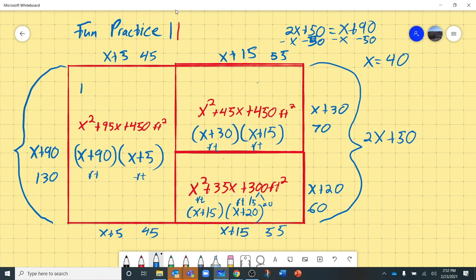40 squared, that's 1,600. 95 times 40, I don't know what that is. 3,600 plus 200, 3,800. Maybe.